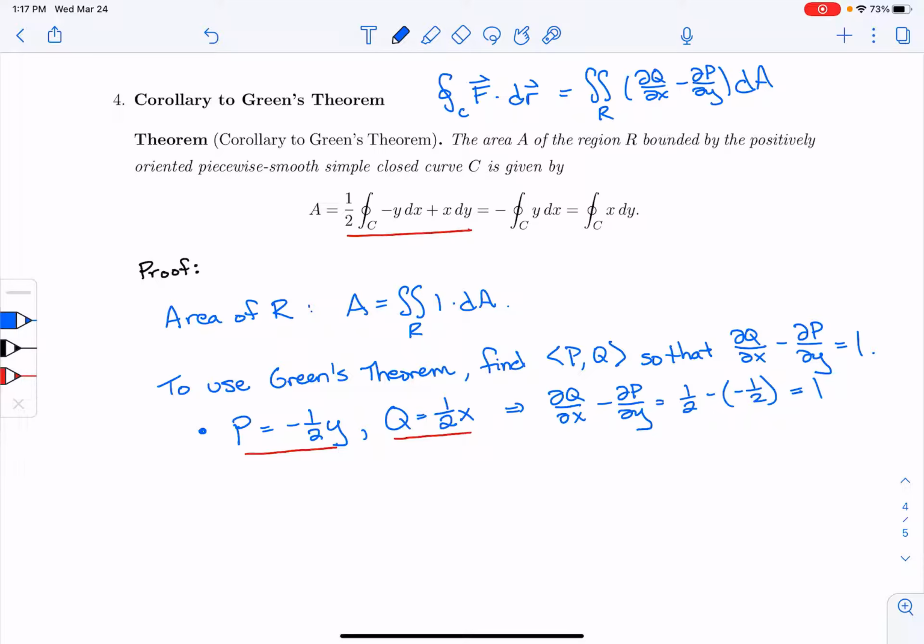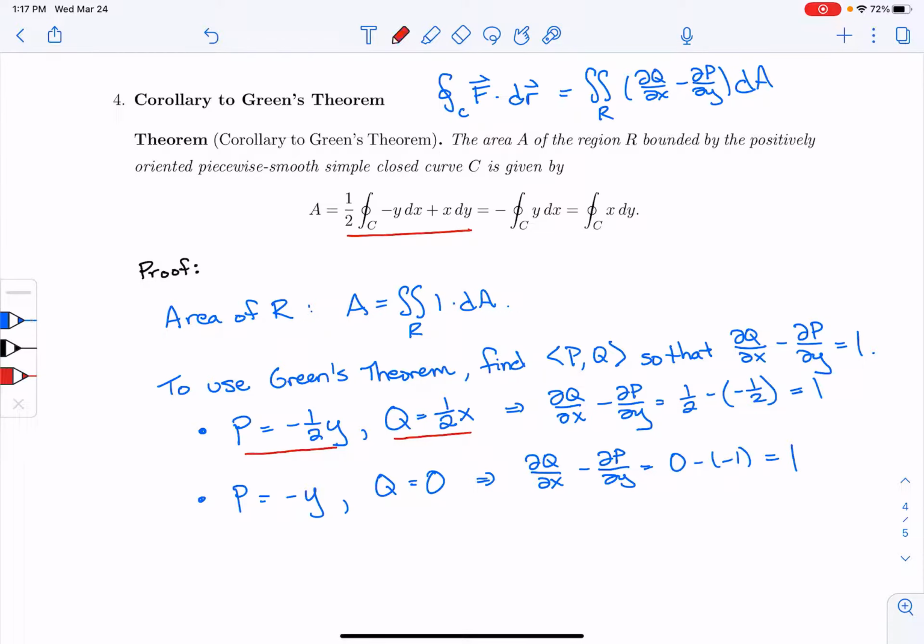Well, that's just one option. Another option is we could let P equal negative y and Q equal 0. In that case, dQ/dx, which is 0, minus dP/dy is 0 minus a negative 1, and so you get 1.